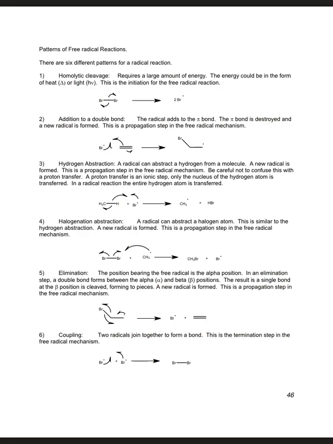Okay, so there are 6 steps that we can draw in a free radical reaction. These are the only 6 steps we can have. The first one always happens. It's the homolytic cleavage, the initiation step where the free radical is formed. There is a bond that will homolytically split with 1 electron going each way.